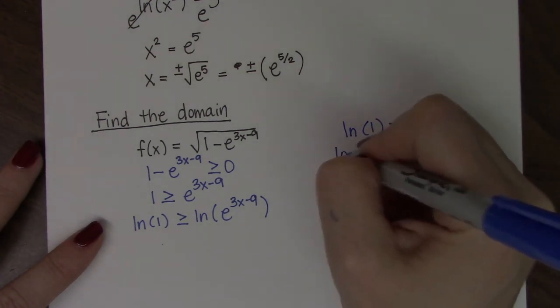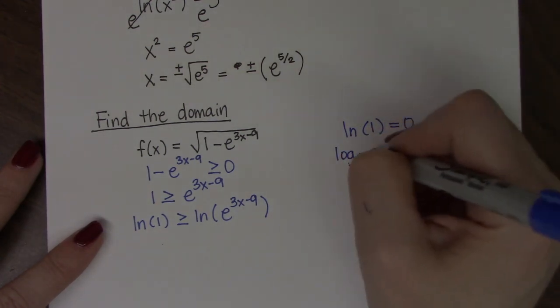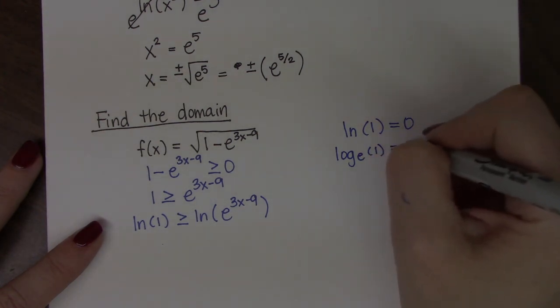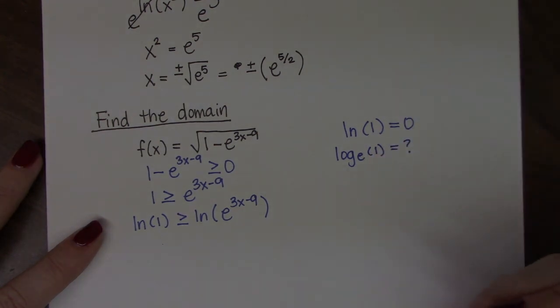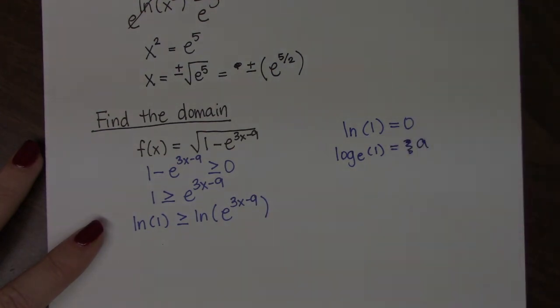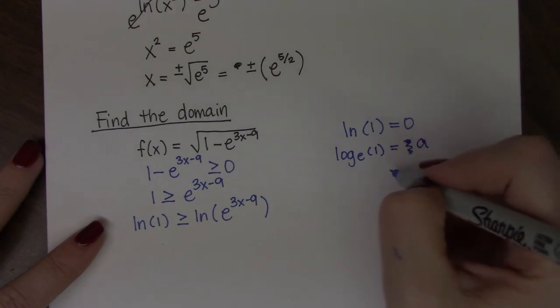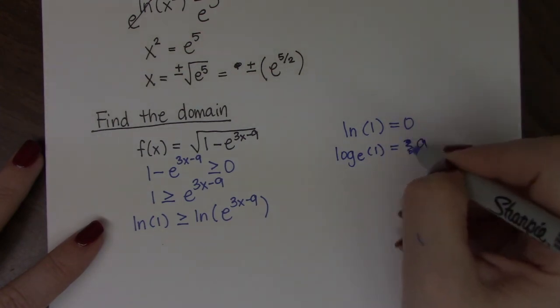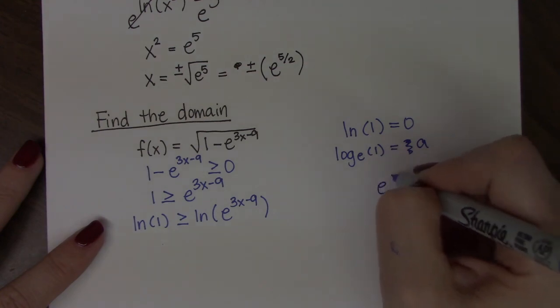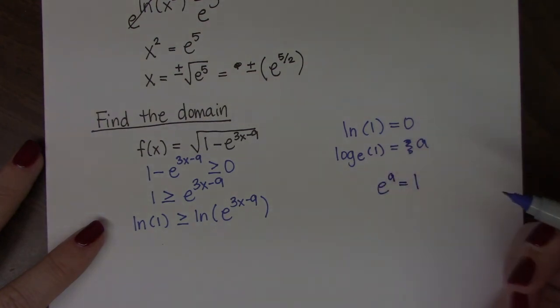And that's because this is really log base e of 1 equals some unknown number, and let's just say for a second that it's a, we don't know what it is. Well, I can always write a log as an exponential. So this is saying e to the what equals 1.